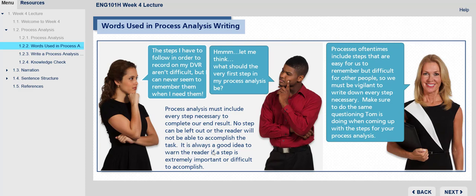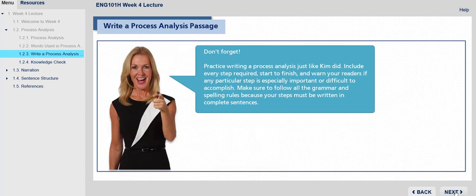It is always a good idea to warn the reader if a step is extremely important or difficult to accomplish. Processes often include steps that are easy for us to remember but difficult for other people, so we must be vigilant to write down every step necessary. Make sure to do the questioning Tom is doing when coming up with the steps for your process analysis.